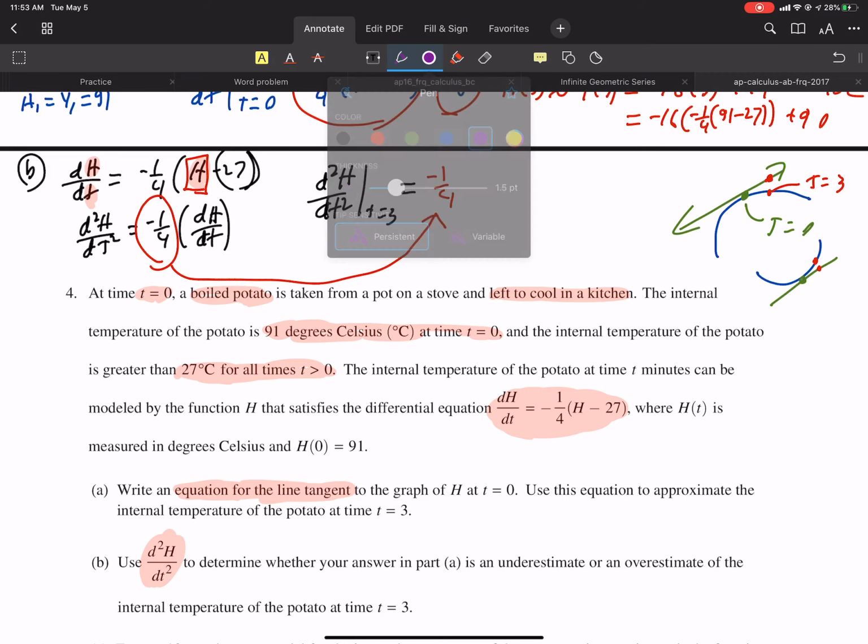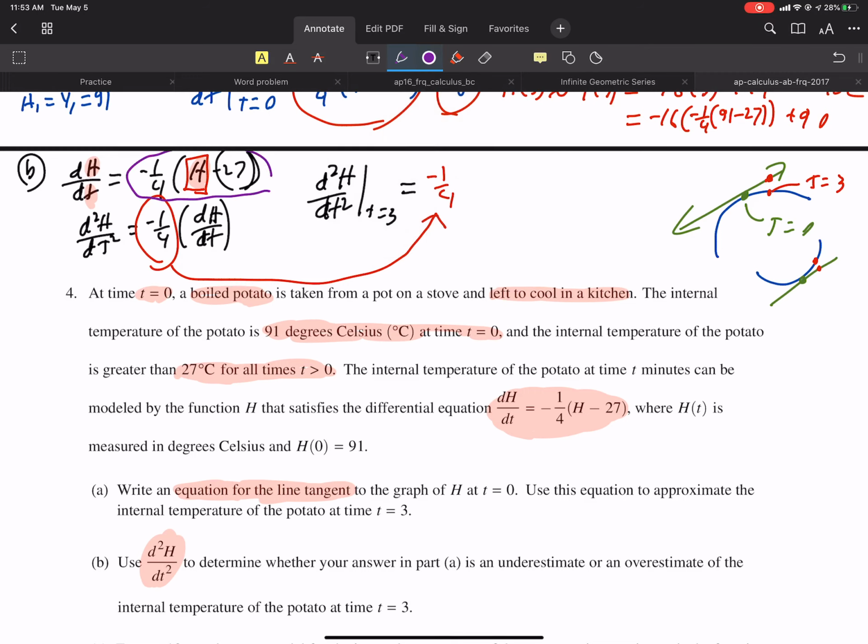And then I'm going to take my dh/dt and plug it in here. So there's another negative 1/4. My h is, whoa, this double whammy. The h isn't 3. When t is 3, what is h? We determined that was 91 earlier.